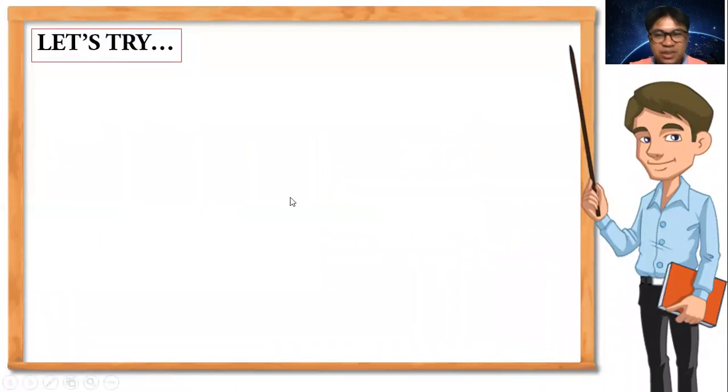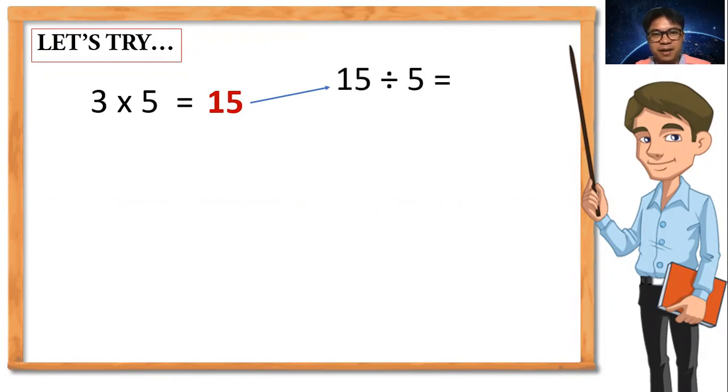Okay, next, let's try another example here. So 3 times 5 equals 15. In division, you can also say 15 divided by 5 equals 3, or 15 divided by 3 equals 5. So that's it.